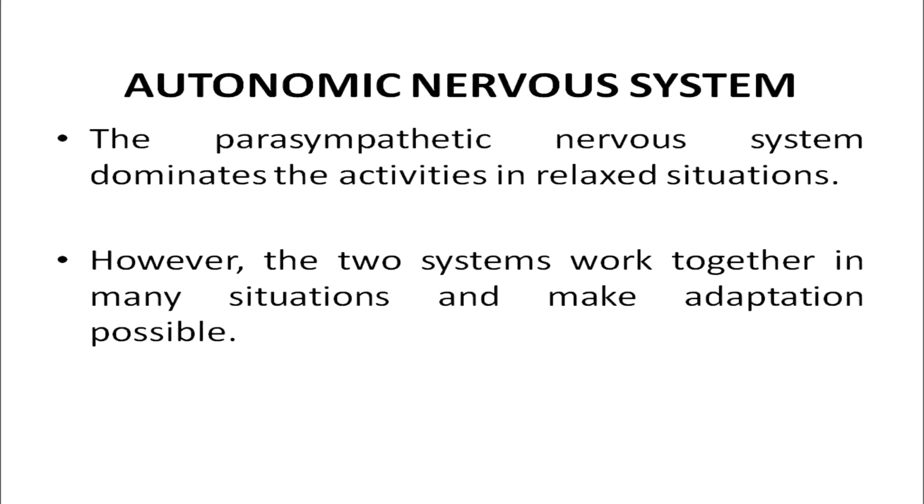The parasympathetic nervous system dominates the activities in relaxed situations. However, the two systems work together in many situations and make adaptation possible. Let me clear one point here: when I said that the sympathetic system dominates in the emergency situation, for example, your heart rate increases.